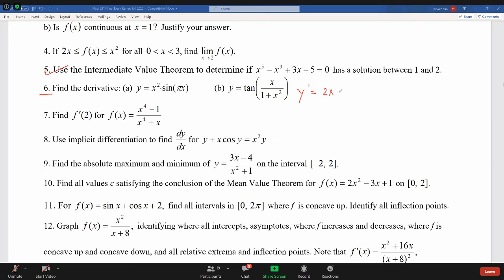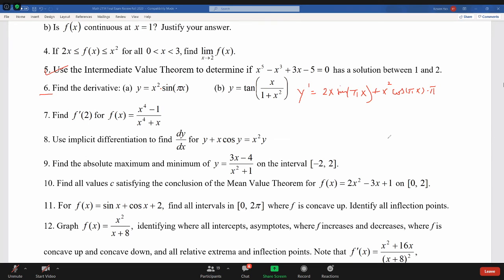Derivative 2x times sine pi x, plus x squared unchanged, times the derivative of sine, which is cosine pi x, times the derivative of the inside, which is pi, right? So we have finished: 2x sine pi x plus pi x squared cosine pi x.